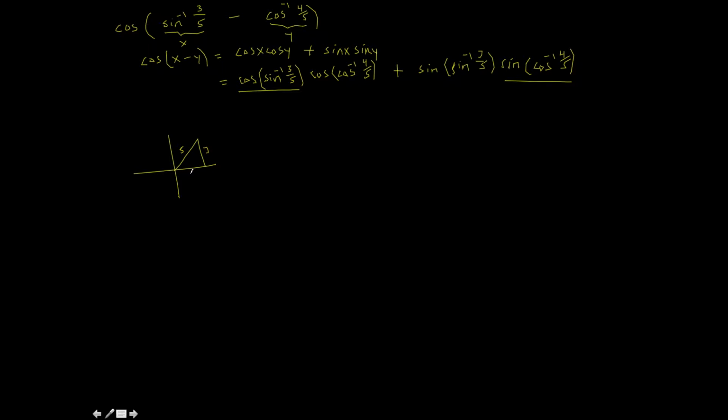And so once you do the Pythagorean theorem, you get your 4 for that side. So we used this inverse here to get our triangle. Now use the triangle to find your cosine. So the cosine of that triangle is 4/5, adjacent over hypotenuse, 4 over 5 times.